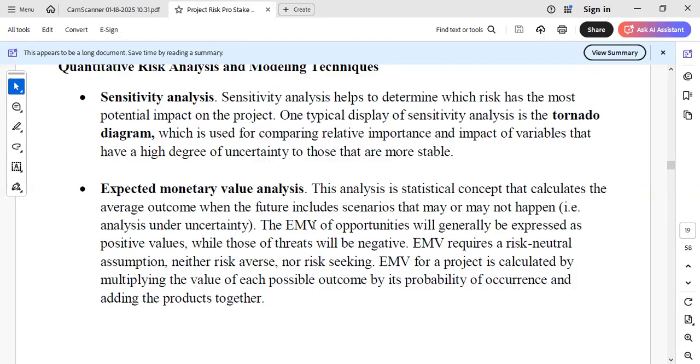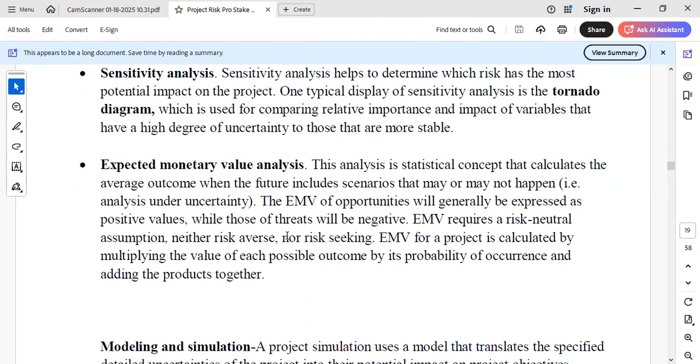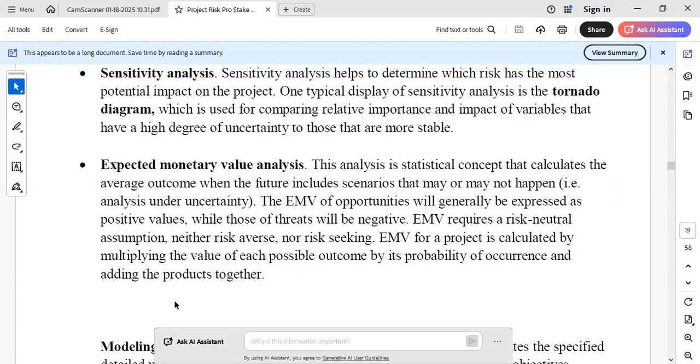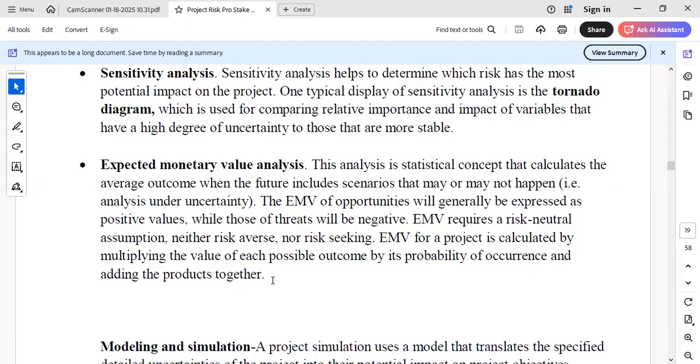So you analyze and calculate the average outcome when the future includes scenarios that may or may not happen, looking at it financially. So how is it done? You multiply the value of each possible outcome by its probability of occurrence and add the products together.